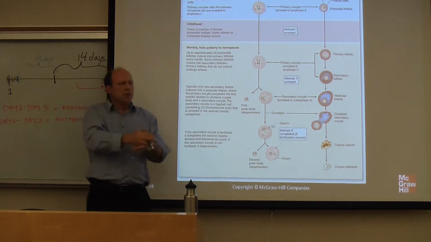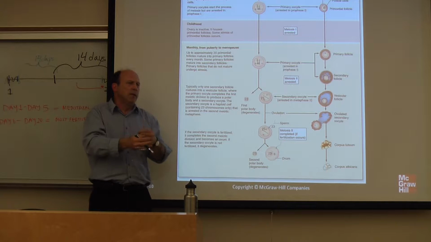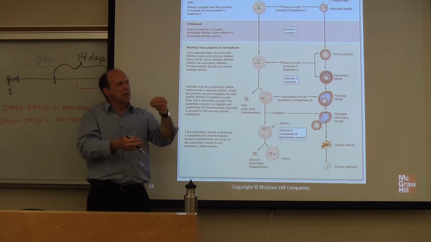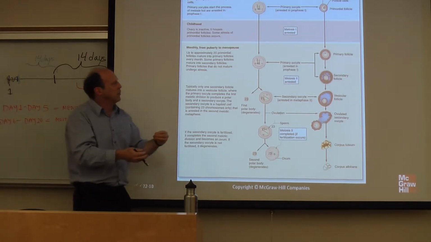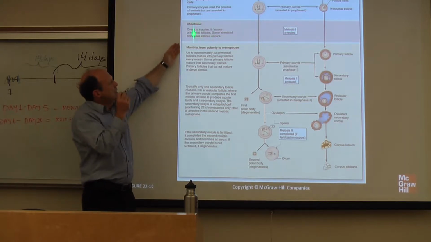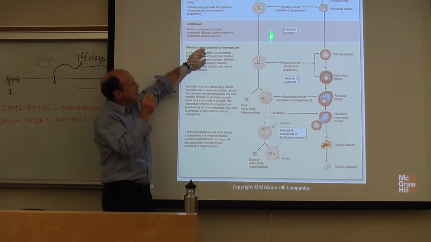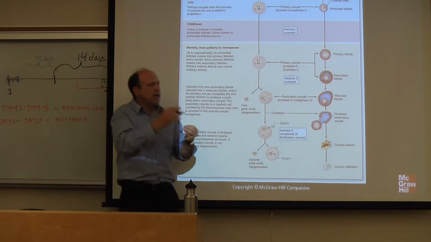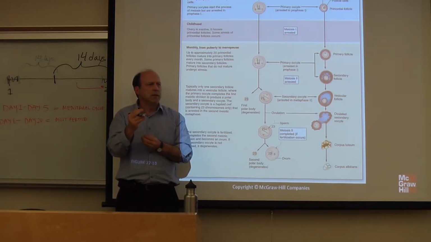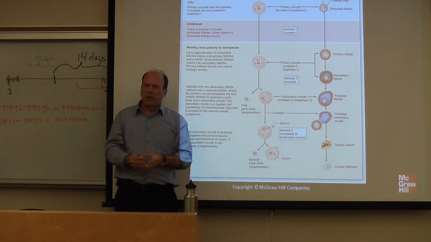So if you look at an immature female and you were going to analyze the oocytes that are present there, they're all going to be immature oocytes, and they're going to be arrested in meiosis 1. How do you arrest in the cell cycle? How do you stop the cell cycle? You guys have all thought about the cell cycle, right?